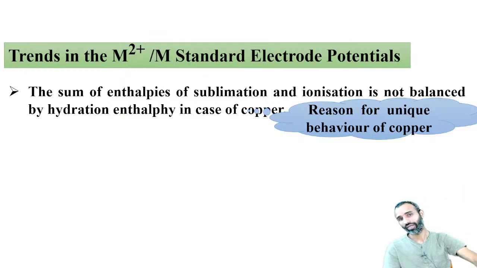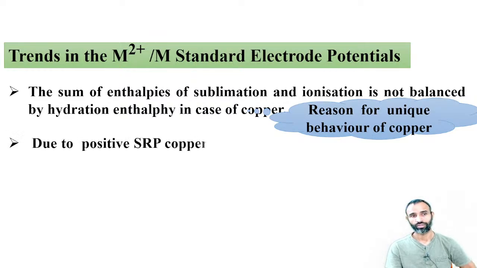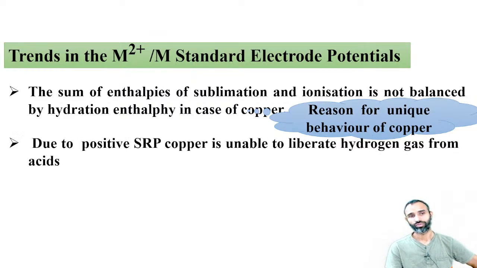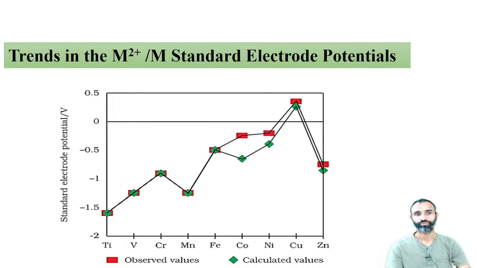Only one element in 3d series has positive reduction potential, and due to this positive standard reduction potential, it cannot liberate hydrogen gas from acids. Yes. So see, only copper is above 0.